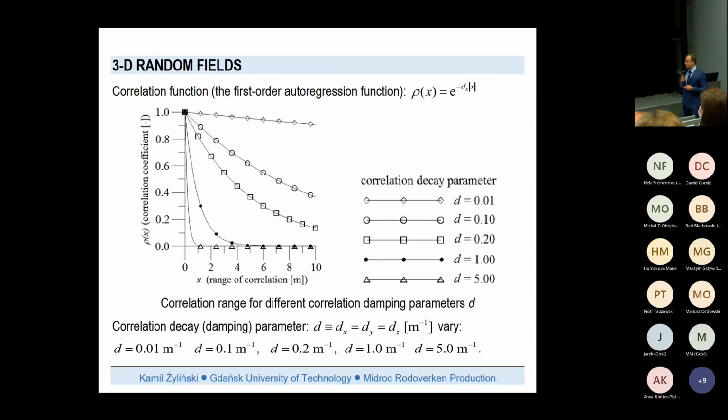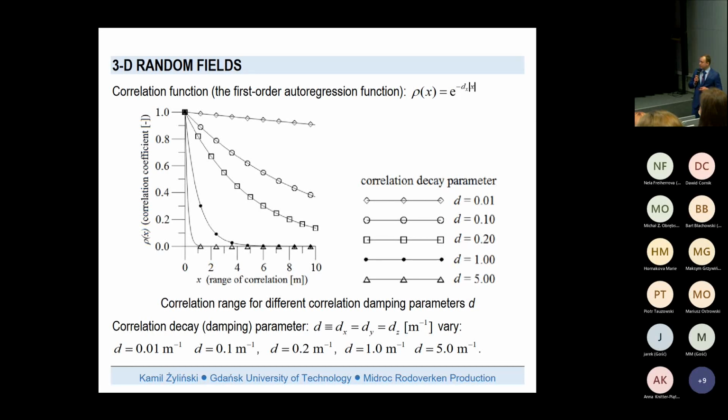And to see what's the impact of the probabilistic approach on that, a simple random field correlation function was implemented with different decay parameters. Decay parameters describe whether surrounding values are highly or less correlated.